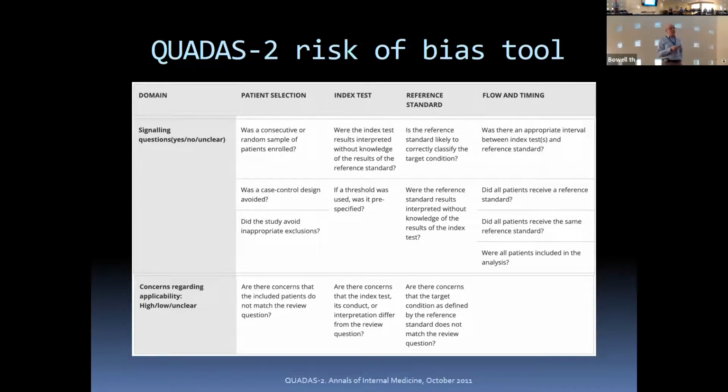Did the studies avoid inappropriate exclusions? Again, super important. Are there certain thresholds that have been used, right? Did all patients receive the reference standard, under flow and timing, right? Was there appropriate timing between the tests? So if you use the QUADAS tool, that will give you the most in-depth sort of critical appraisal of the diagnostic accuracy studies.